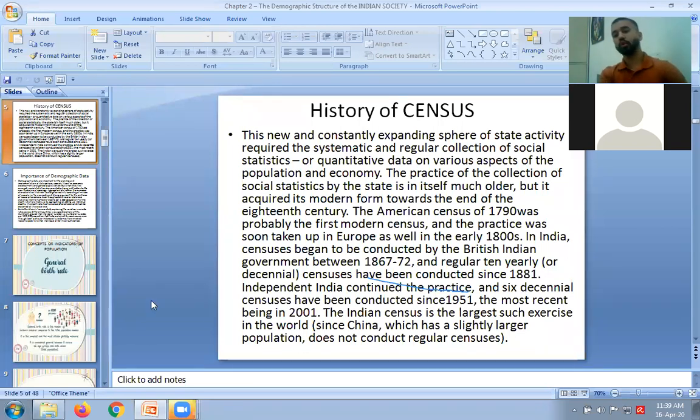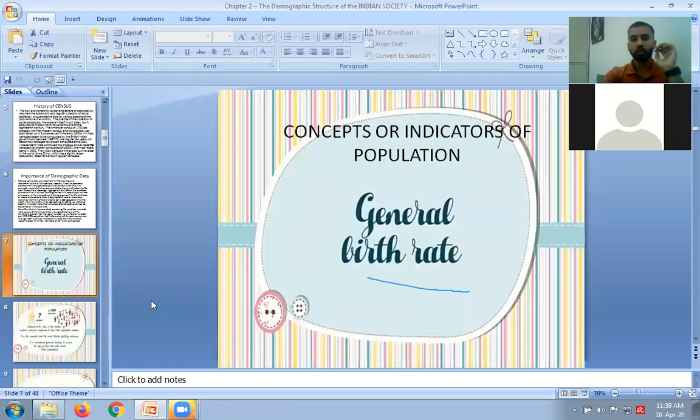Now what we're gonna do after this is understand the concepts of population, or I can say the indicators of population. Whether you call them concepts or indicators, they are one and the same thing. So now we're gonna understand the concepts or indicators of population, right?